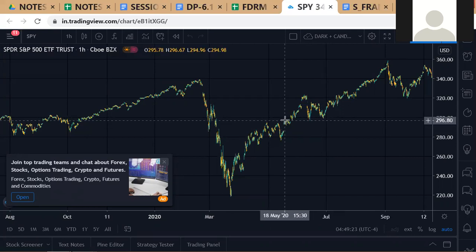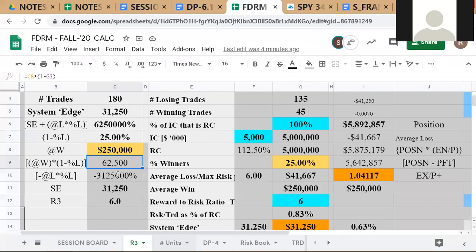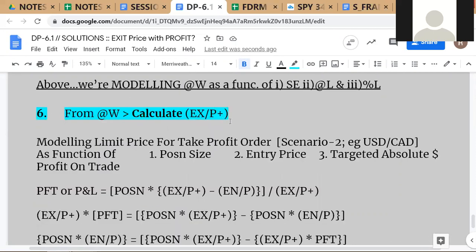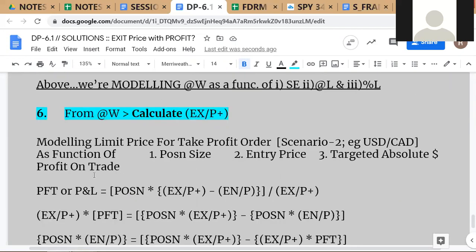What should be the limit price for my take profit order? Should it be 360? Should it be 375? Should it be 400? That's our goal, that's what we're trying to find out. So last step, from average win, we are going to calculate the exit price, P plus, exit price at profit. We are going to consider the second scenario, which we looked at in IPM.